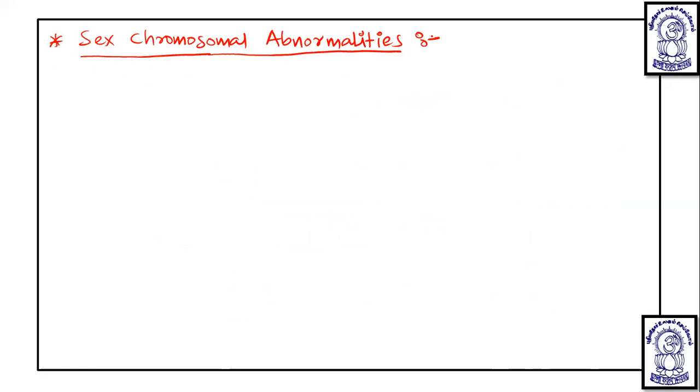Sex chromosomal abnormalities. Now, these sex chromosomal abnormalities are as follows. And in this, we are going to discuss first, that is Turner syndrome. Then second, we will discuss Klinefelter syndrome.